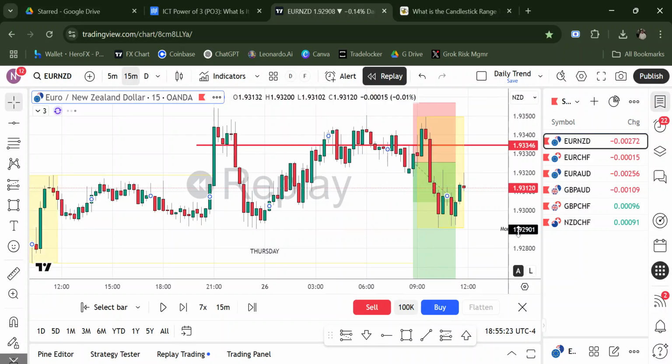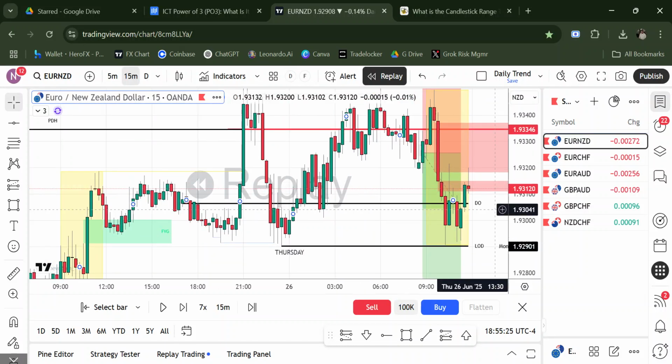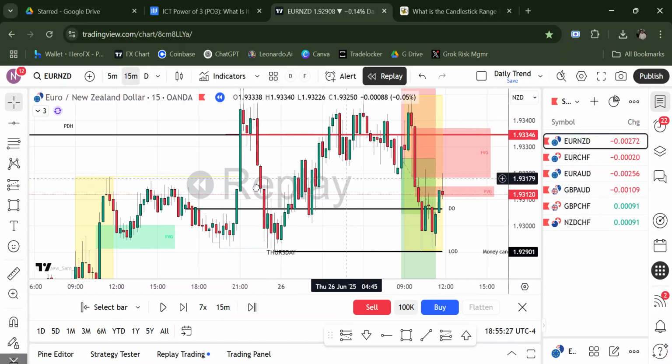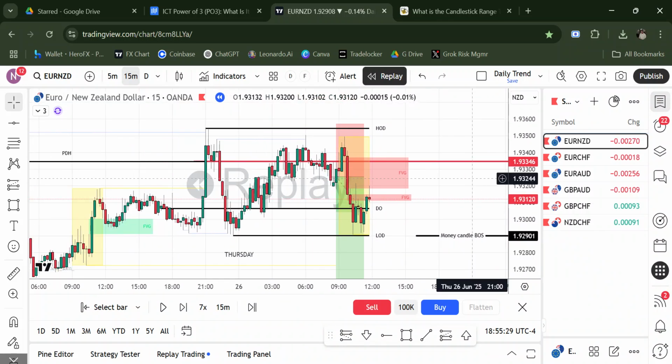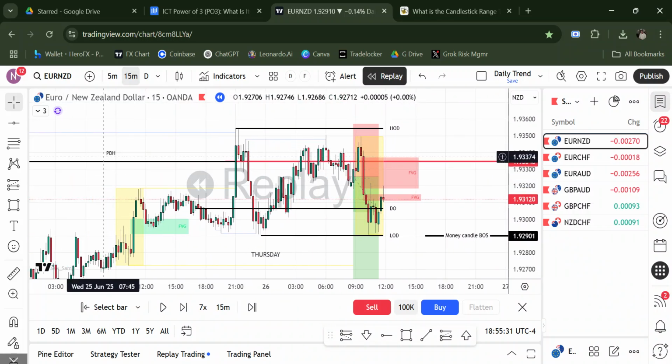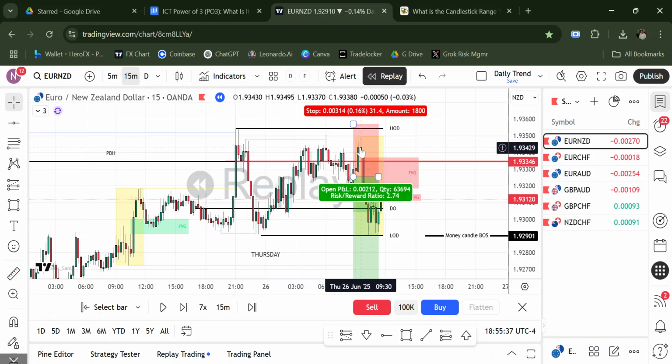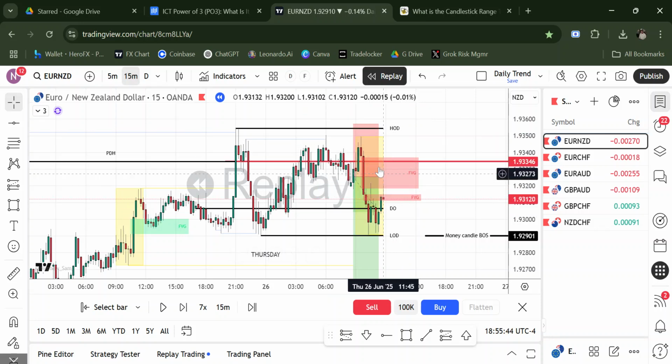My indicators back up. All right. Now see how this is the prior day high right here. Manipulation above it, and then I'm looking for distribution once price closes back inside the prior day high and gives me a fair value gap, a bearish fair value gap.